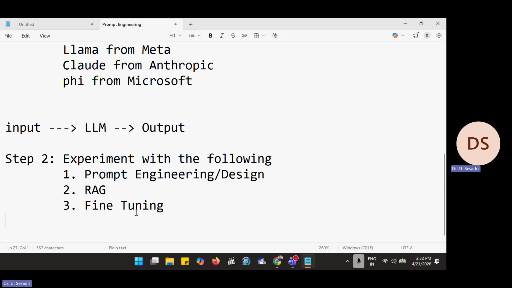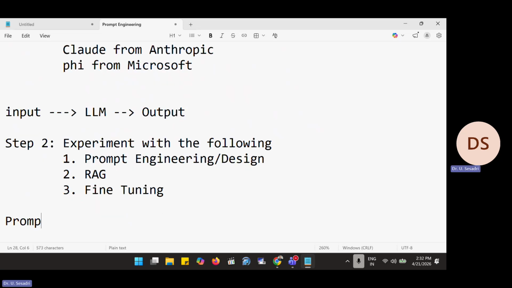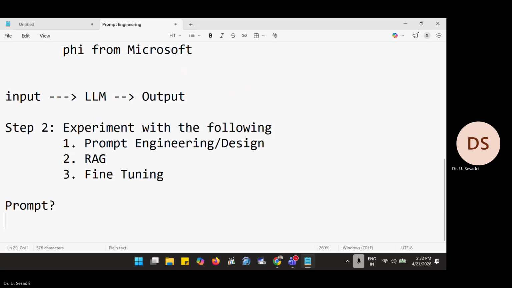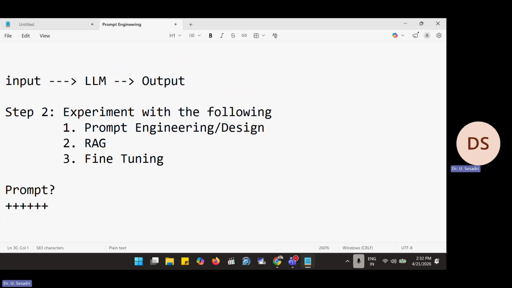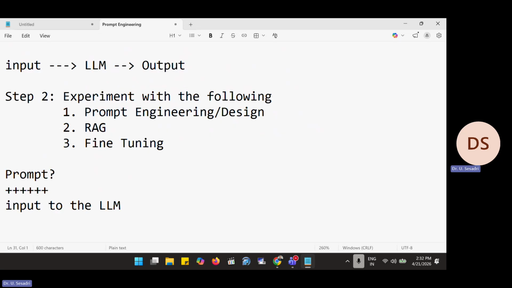Now we'll see what a prompt is. A prompt is nothing but an input to the LLM, the large language model. What is prompt engineering or prompt design?